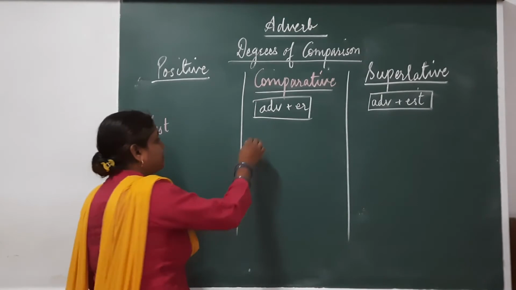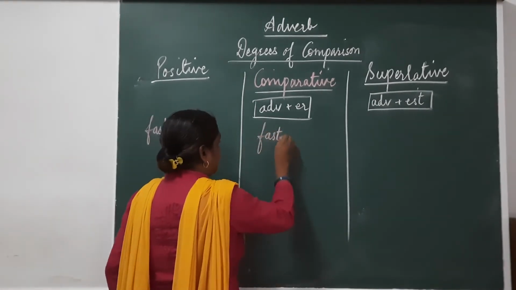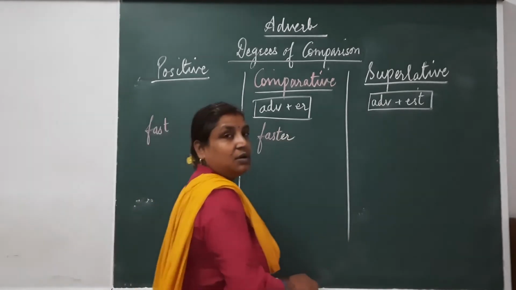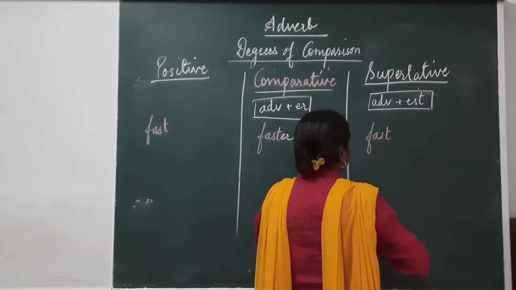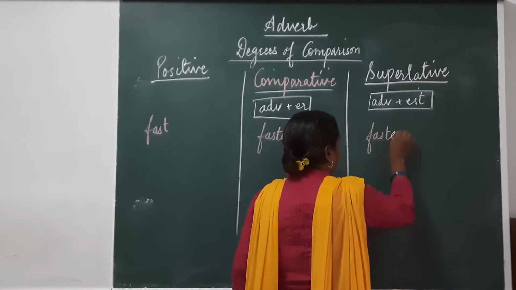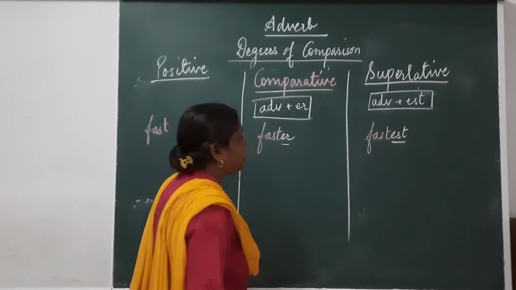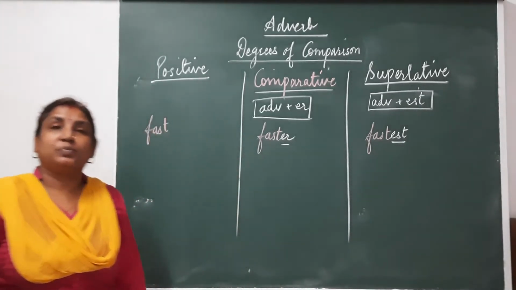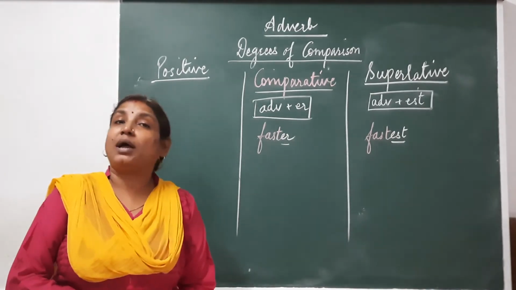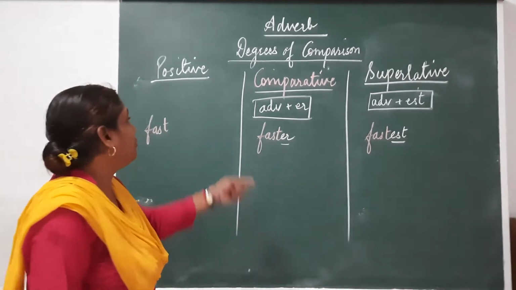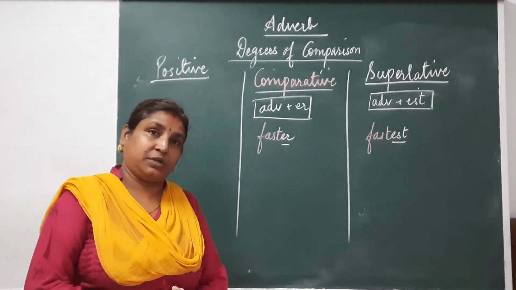So fast plus er, I will have faster. Here also I have fast plus est, that is your fastest. So I have added er and est to the comparative and superlative degree respectively. This is one way of formation of positive, comparative and superlative degree.